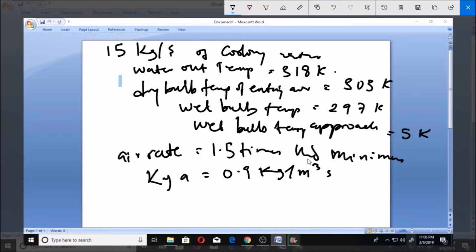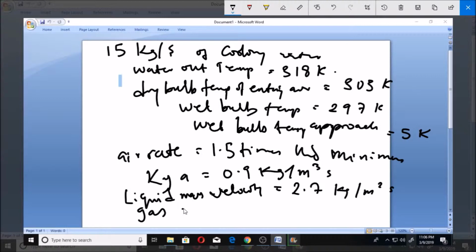If the liquid mass velocity is 2.7 kilogram per meter square second, and the gas mass velocity is 2.0 kilogram per meter square second, compute the dimension of the packed section and the makeup water requirement due to evaporation in the tower.